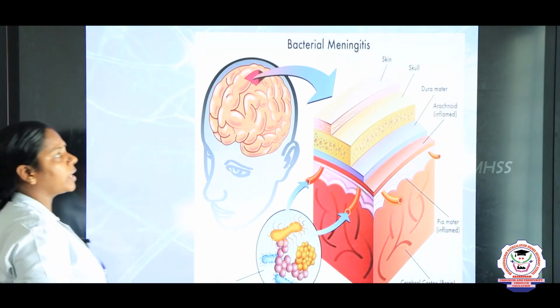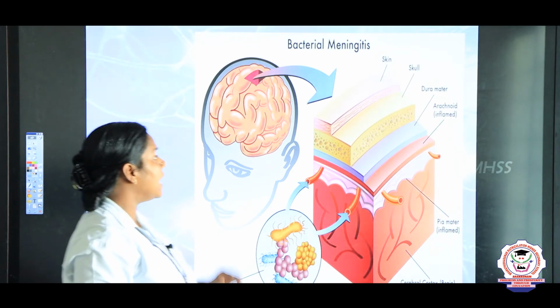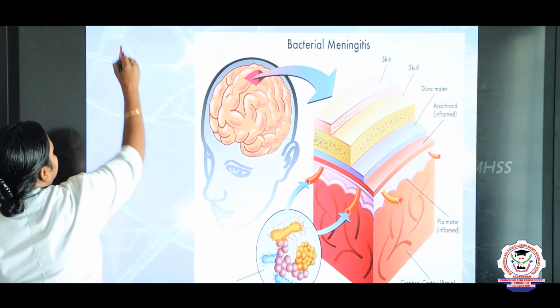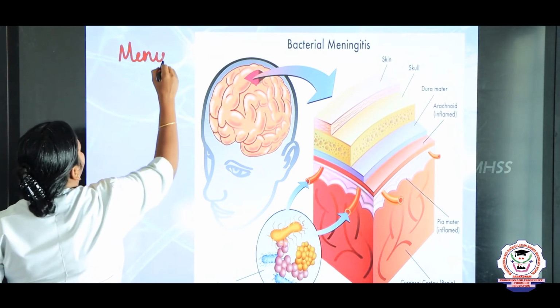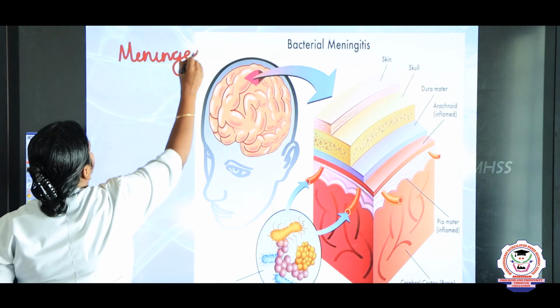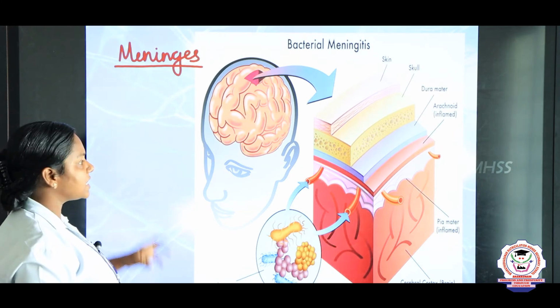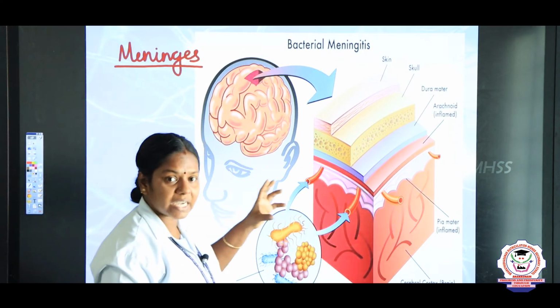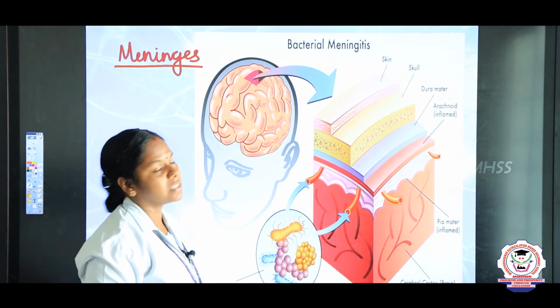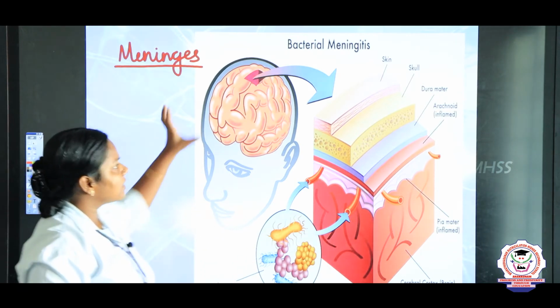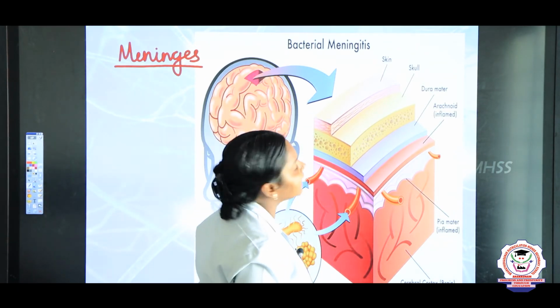And next important thing we are going to study about the meninges. What is meninges? Meninges are the membranes that cover the brain. The brain is covered by three layers.